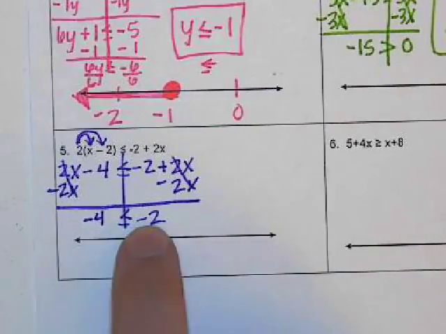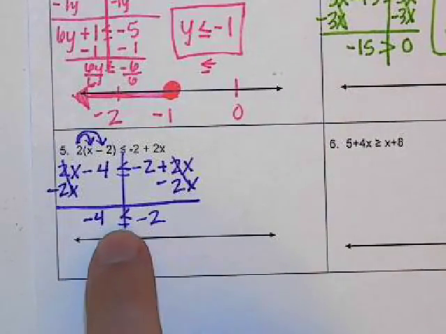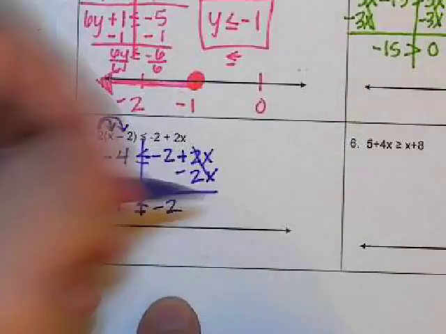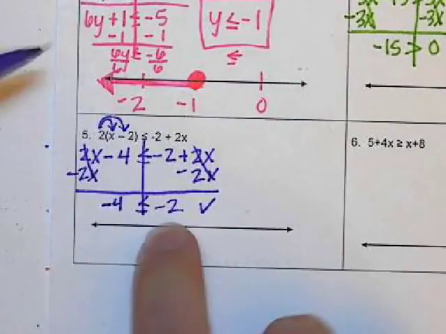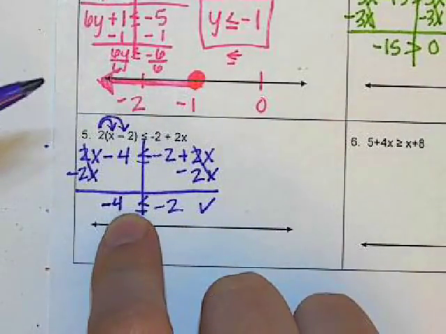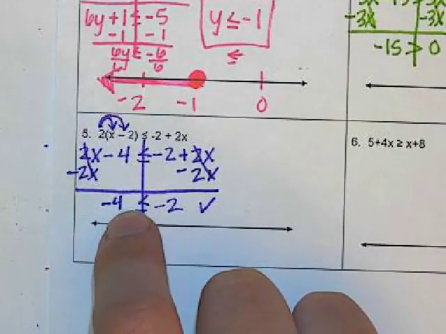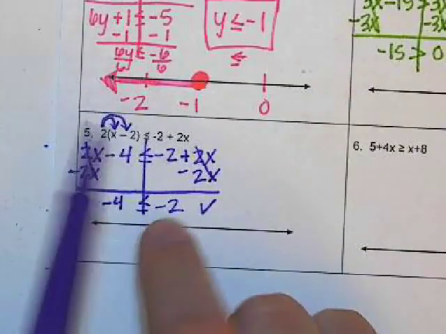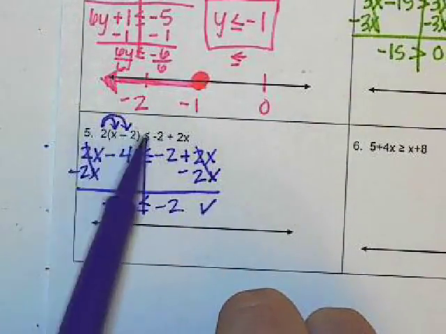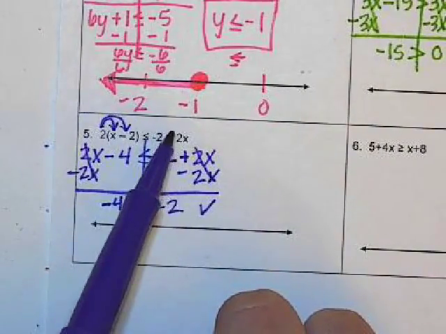Negative 4 is less than negative 2, right? Yes, this works. So what this means is that I could choose any x, negative or positive, plug it in for x, and this answer would be less than this answer.